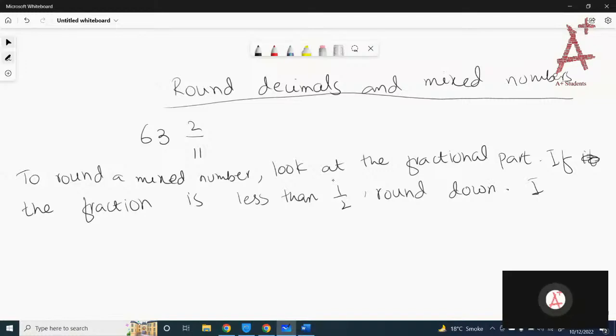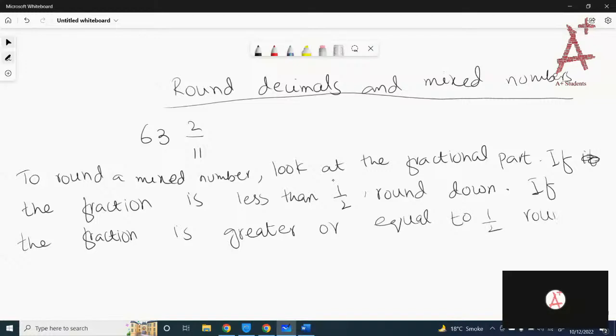If the fraction is greater than or equal to half, round up. That means you have to compare the fractional part.